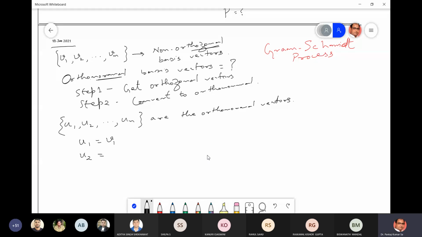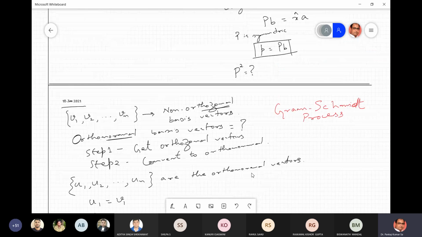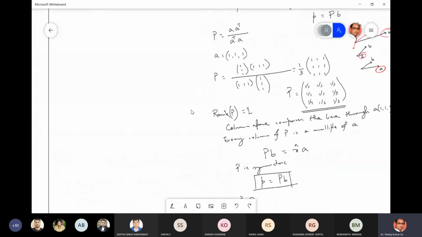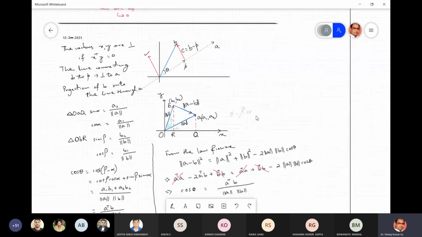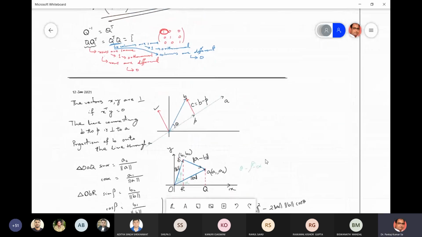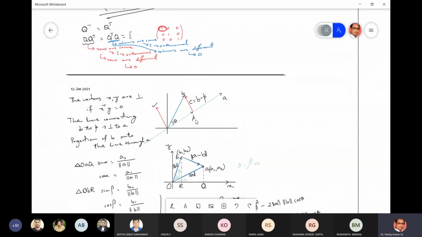For this, let me get back to the previous class. As I told you in the last class, this is the basis for the next class. Let me take you to the previous class where you can find this vector A, let me call it u1.